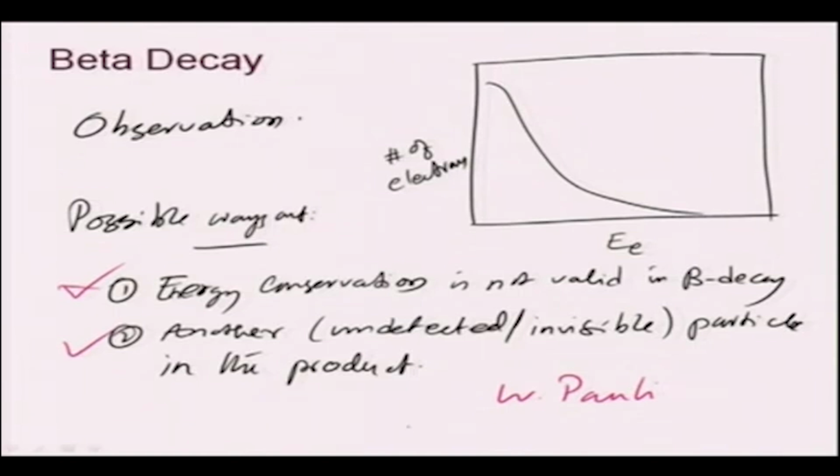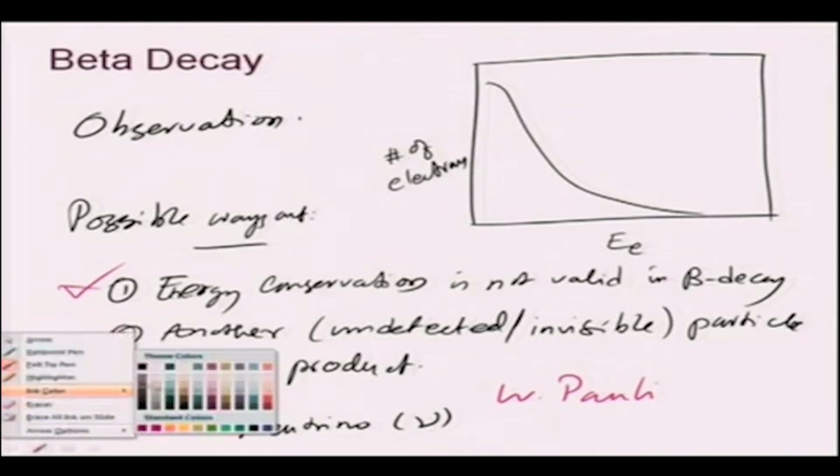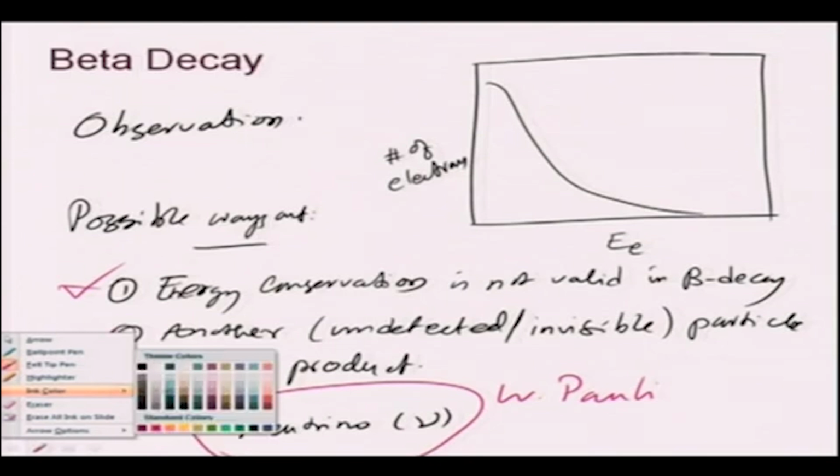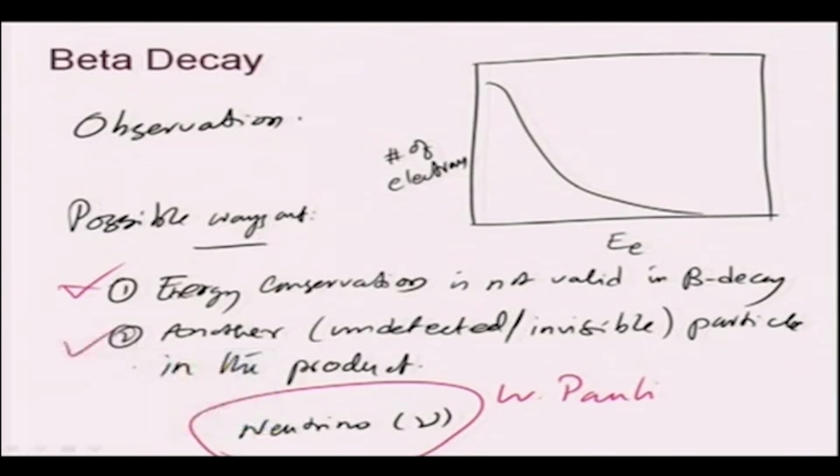And later on, this particular particle, the third particle which is involved in the beta decay, was called the neutrino, and usually we denote it by the Greek letter nu. So, the analysis of beta decay actually predicts the existence of a new particle which was not known until then.